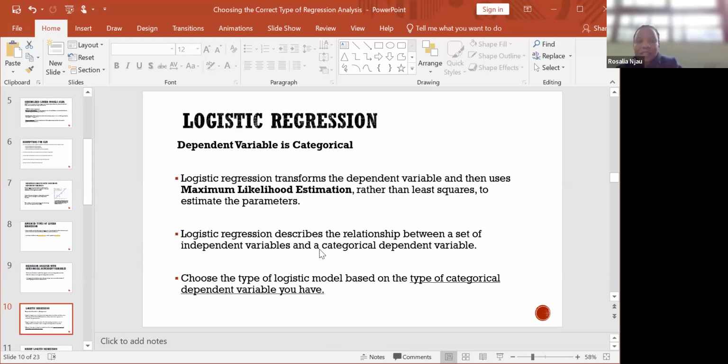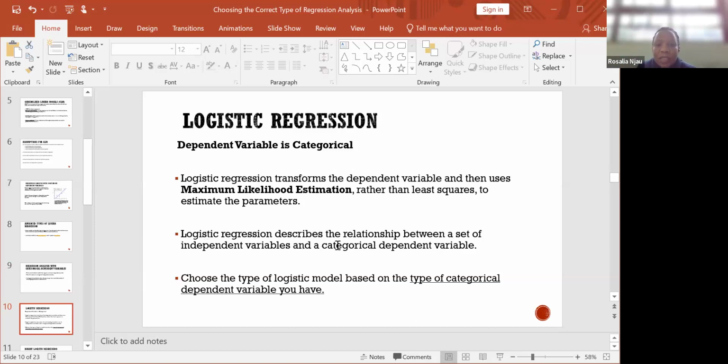So the first one is logistic regression. Basically, the dependent variable here is categorical, and it uses maximum likelihood estimation rather than least squares to estimate parameters like we saw in linear regression.